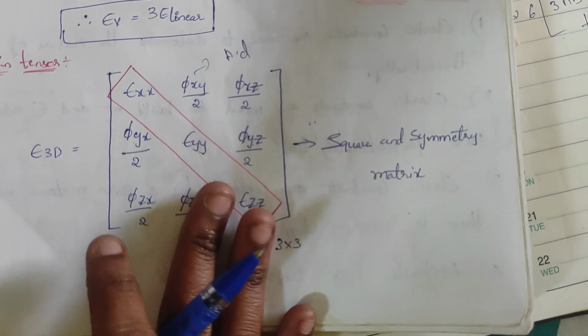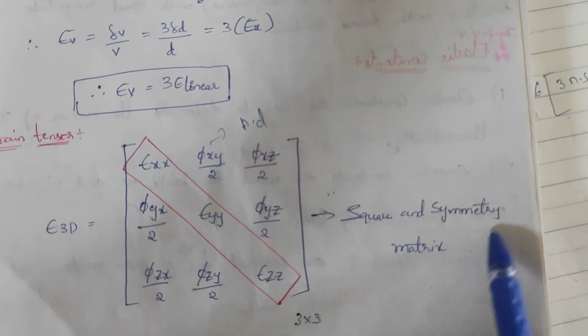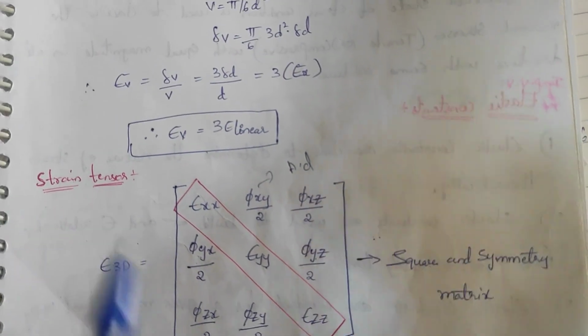This phi represents the angular deformation. This is a square and symmetric matrix. This is called the strain tensor.